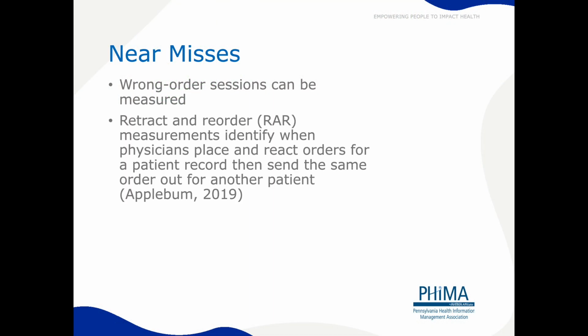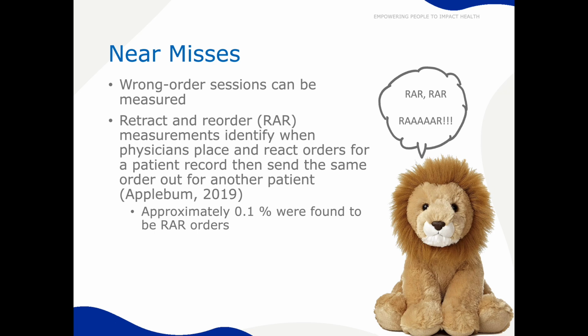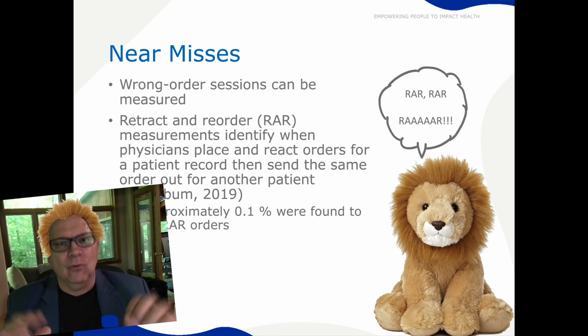There has been some work on measuring near misses. Physicians have been known to issue an order for the wrong patient, notice it, then retract that order, and reissue the same order for the correct patient. Thus, a RAR order measurement has been built into EHRs after researchers found this useful. Sounds like a little lion, RAR.